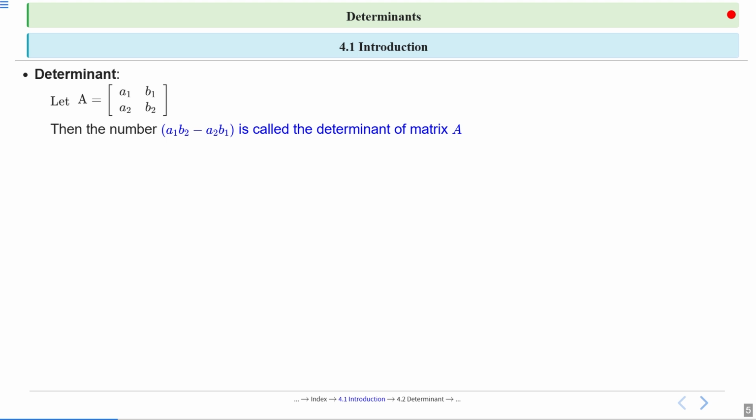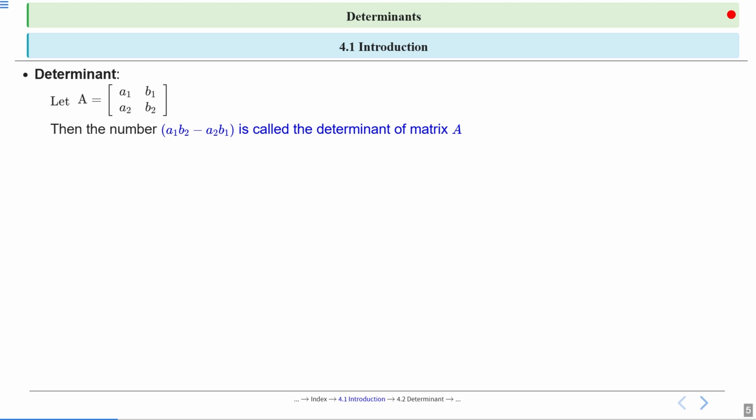Okay. So if A is a 2 cross 2 matrix, that means 2 rows and 2 columns. Rows are horizontal, that is a1 b1 is the first row, a2 b2 is the second row, and the first column is a1 a2 and the second column is b1 b2.